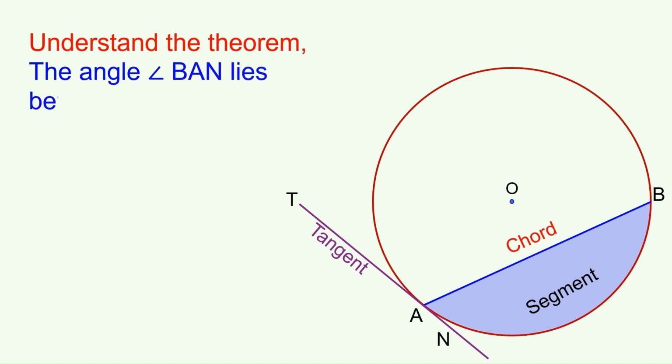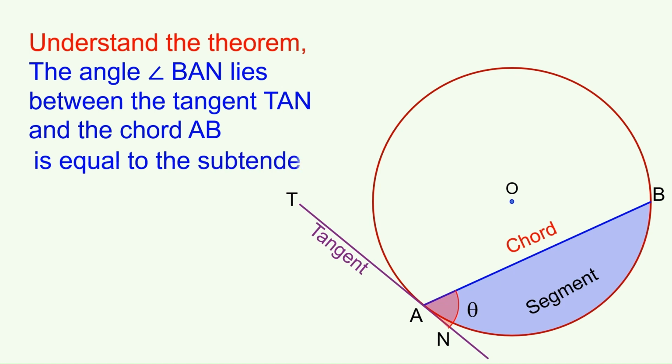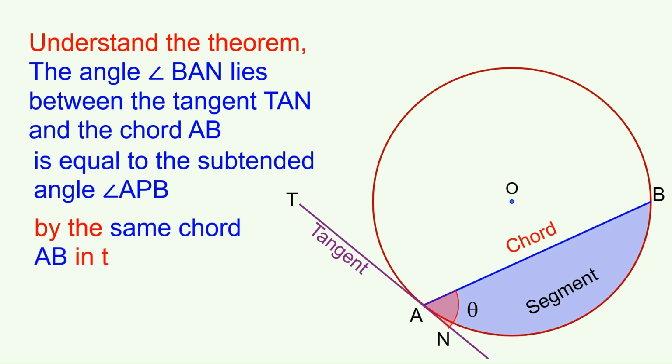Understand the theorem. The angle BAN lies between the tangent TAN and the chord AB. It is equal to the subtended angle APB by the same chord AB in the alternate segment.